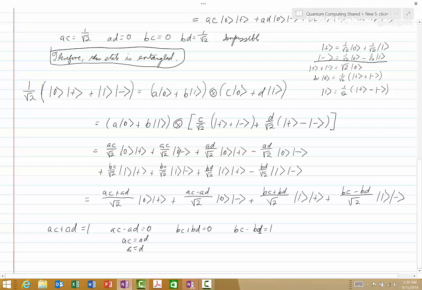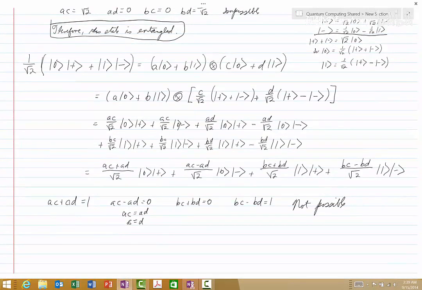So these equations are contradictory. This is not possible.